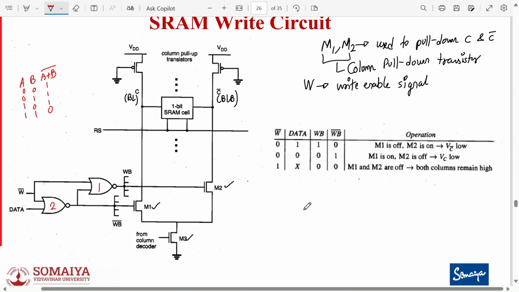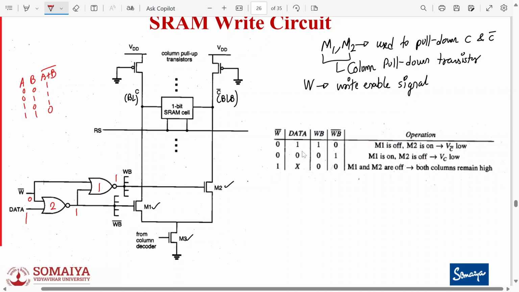Hello? Are you listening? Okay. So when the data is 1 and this is 0, what is the output over here? 1, right? When this is 1, this will be 1, right? Yes or no?